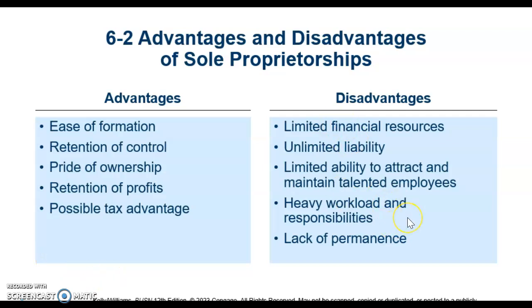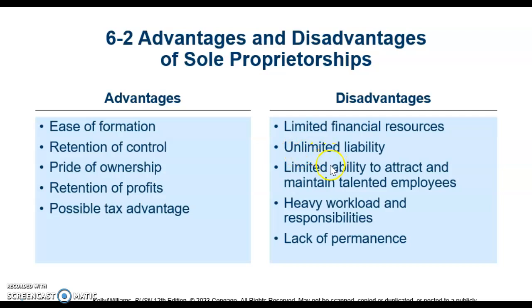And here are some of the disadvantages. Limited financial resources: banks are kind of skeptical when lending to single owner proprietorships. The debts of the business are treated as the owner's personal debt.